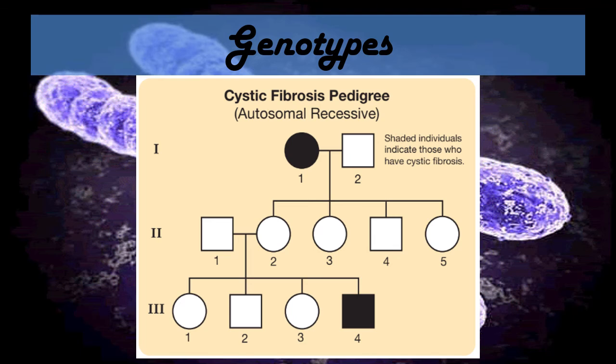So first one here we see this autosomal recessive. So remember these autosomal traits are passed along on those 22 chromosomes. And so this autosomal recessive means there's a recessive trait that's showing up, and the shading is a recessive genotype. And so what we see here, we could say, oh, cystic fibrosis.